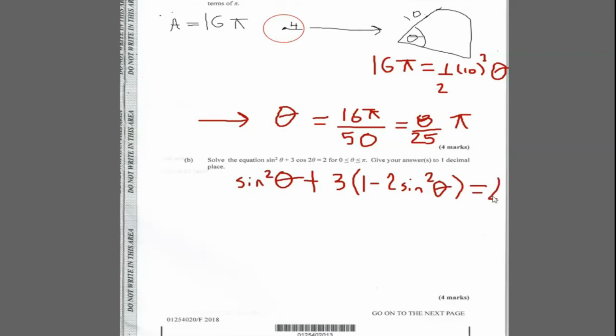Now, since this is equal to 2, I can expand to get sine square plus minus 2 sine square. 3 times 1 is just 3. And then I'm getting 3 minus sine square theta is 2.